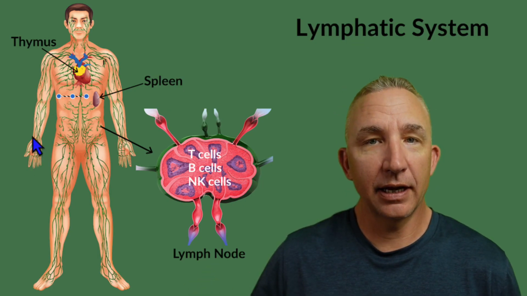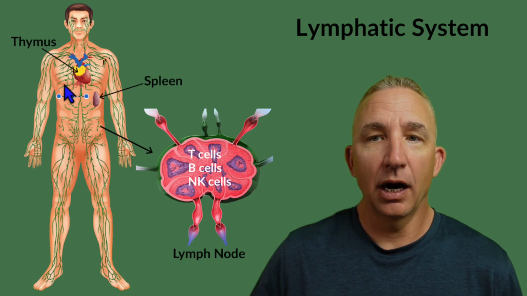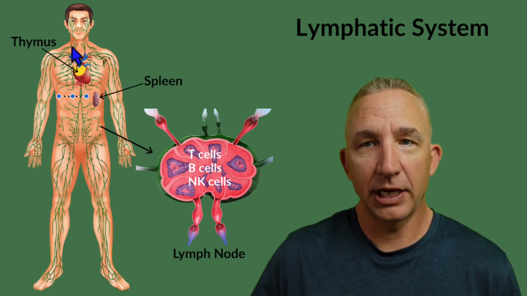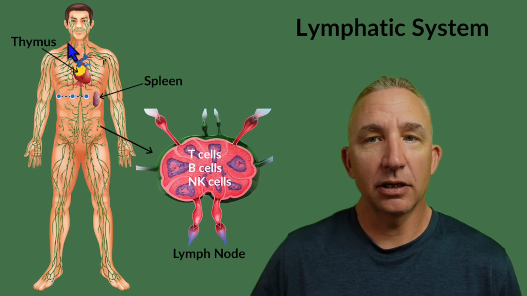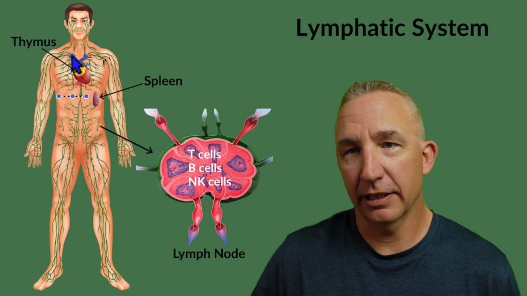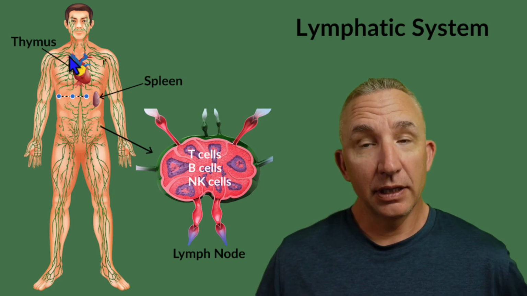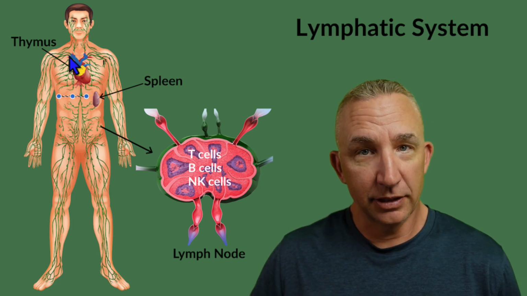Everything that I've filtered all the way through on the lymphatic side, all the way on the right arm, my right chest, my right side of my head, is all going to dump right here at what we call the right lymphatic duct. It's just this small aggregate duct that's accumulated all of the lymph, and it's going to dump it back into the cardiovascular system.